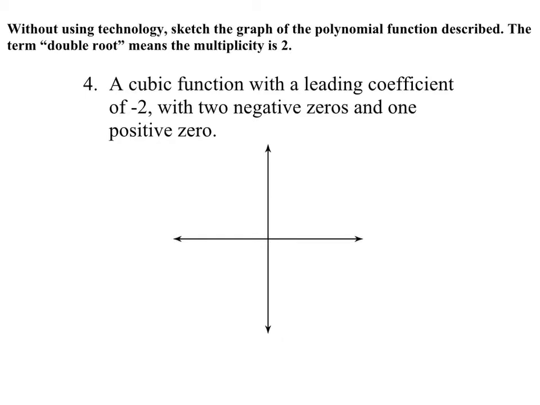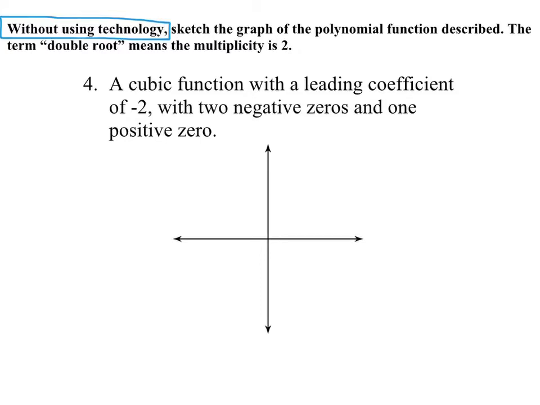For 4 through 7, I have a description of a polynomial that we want to sketch without using any sort of technology, except for, I guess, a pencil. So we're going to sketch the graph of the polynomial function, and the term double root means the multiplicity is 2.